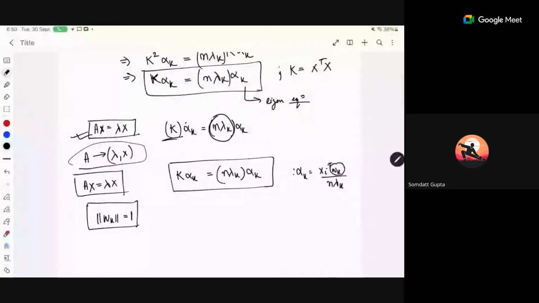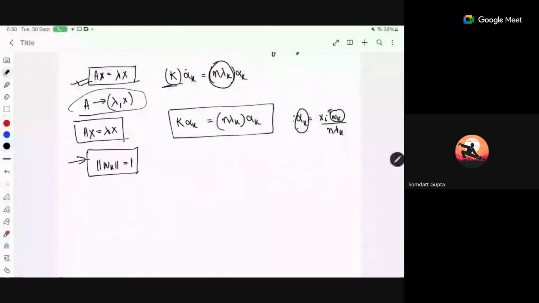We want the norm of WK to be 1, and alpha k is nothing but xi transpose WK by n lambda k, right? So there should be some condition on W, some condition on alpha is what we'll have to decide.